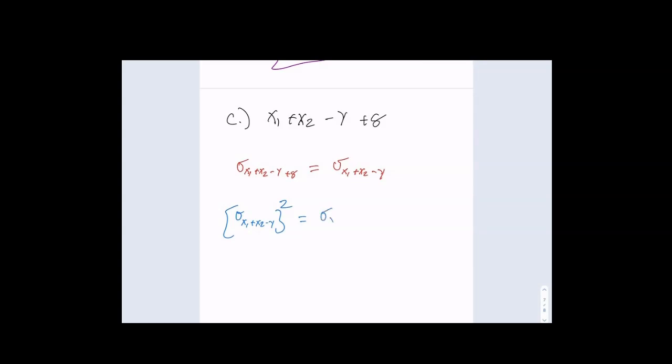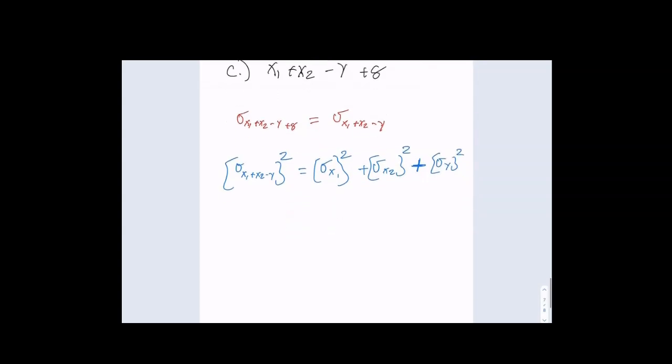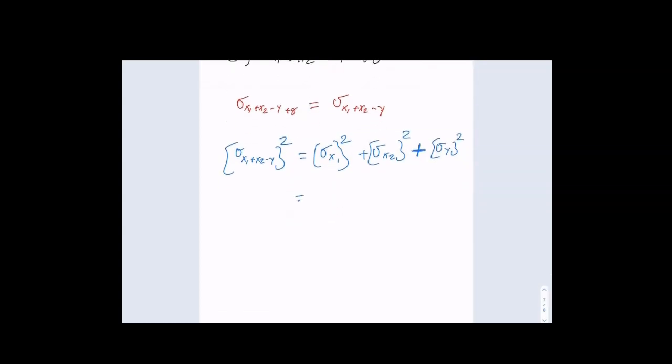Standard deviation, and I'm just going to call it x because x1, I could put it as x1 squared plus the standard deviation of x2 squared plus, now that's a big important plus right there, the standard deviation of y squared. Now, if you wanted to, you can just plug them in. You could do 5 squared plus 5 squared plus 3 squared.